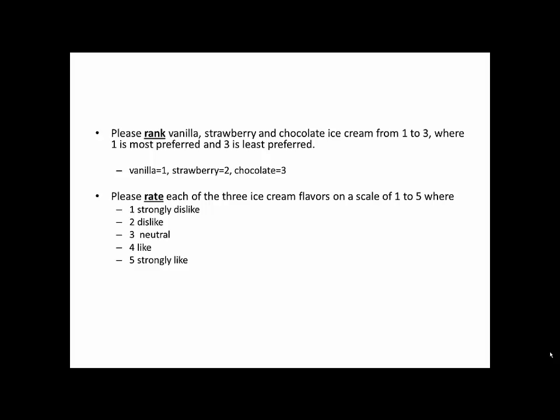That's very important. So here I have a rating of 5 for vanilla, 4 for strawberry, and 1 for chocolate. We still maintain the ranking because I still prefer vanilla over strawberry and strawberry over chocolate.